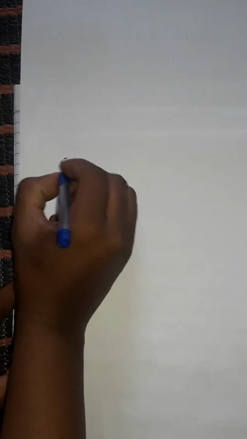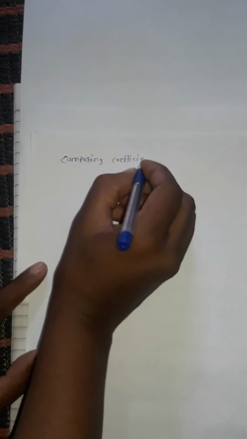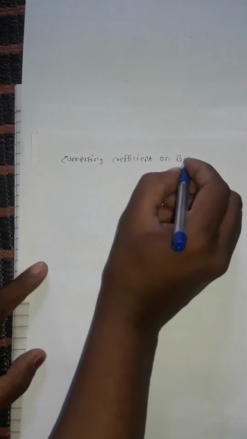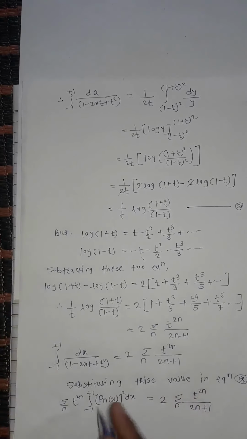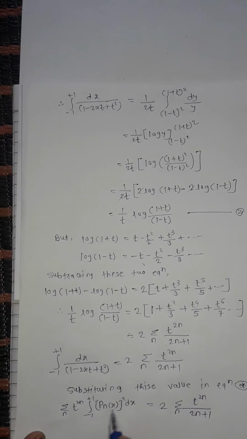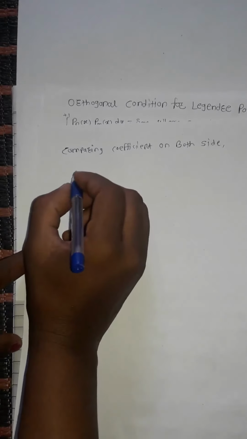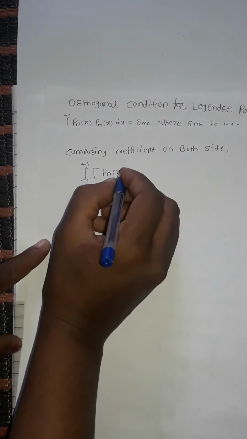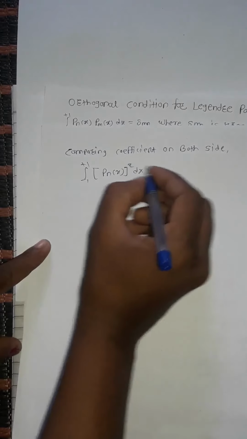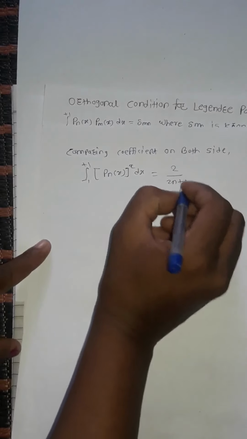Therefore, comparing coefficients on both sides, the coefficient of t raised to 2n gives integral over -1 to +1 Pn of x square dx is equal to 2 upon 2n plus 1.